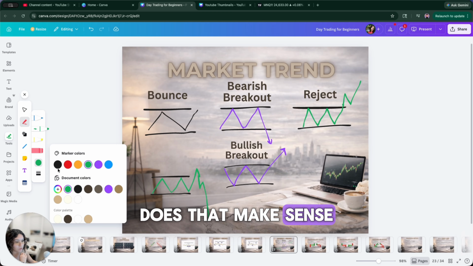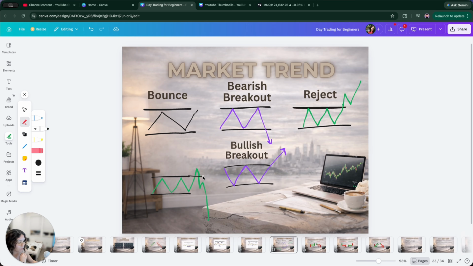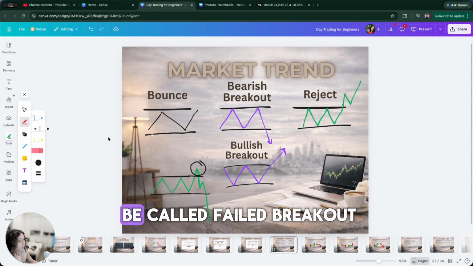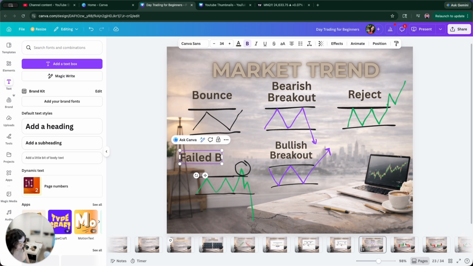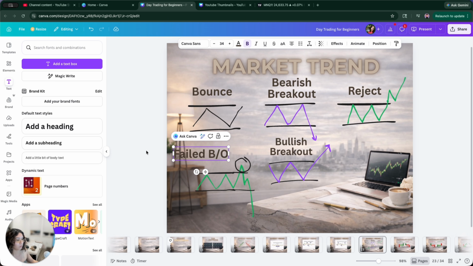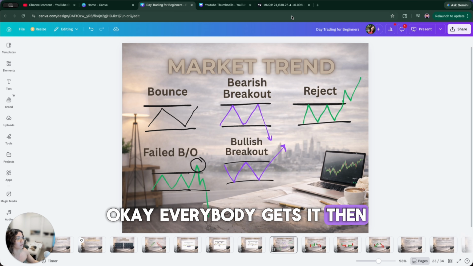Does that make sense to everybody? This is the rejection. Or it would also be called failed breakout. Everybody with me? Okay, everybody gets it then.